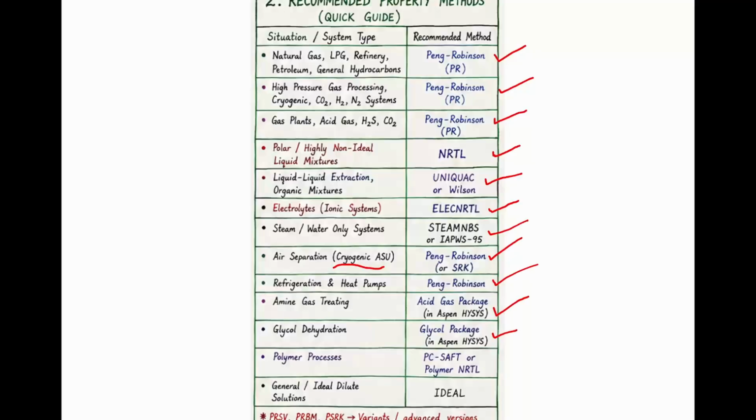For polymer processes, PC-SAFT or polymer NRTL is used, and for general ideal dilute solutions, we use ideal as our property package. So these are the system guides: if you know a particular system, then you can directly use this table number 2 and select the right property package.